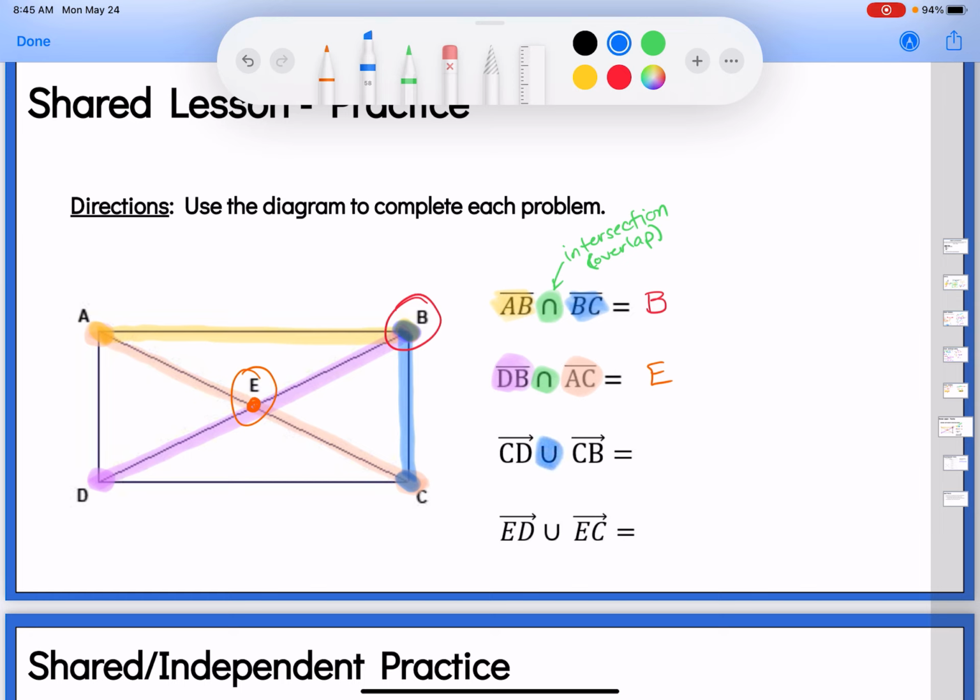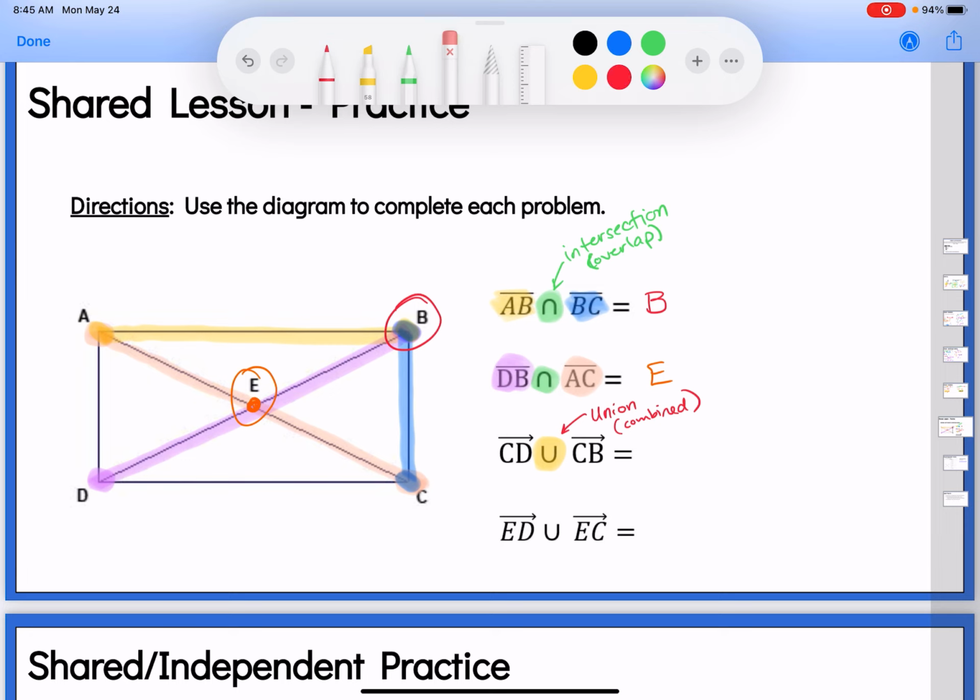Now, this one is the union. This is the union, or what do they have combined, right? So if I combine ray CD with ray CB, what do I get?